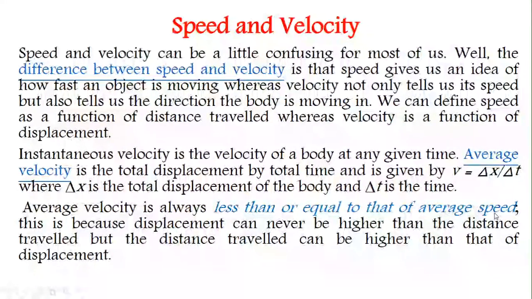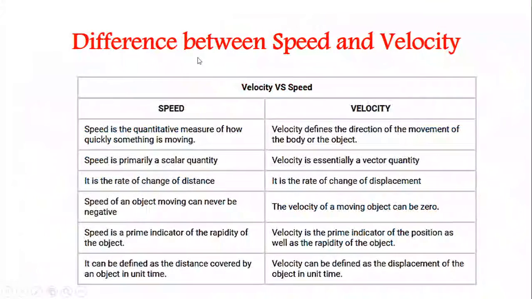So the speed is more and the velocity will be less. This is because displacement can never be higher than the distance traveled, but the distance traveled can be higher than the displacement.